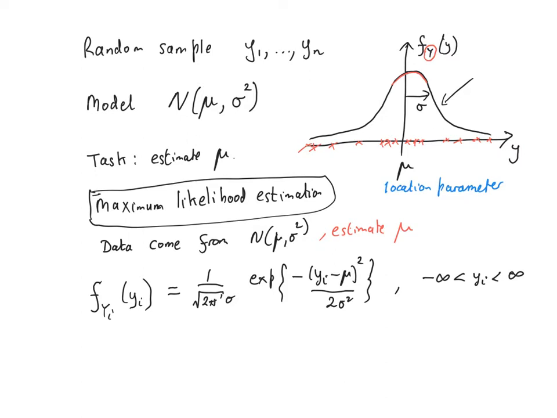What we have now to do is to write down the probability density function of the full data set. I'm going to do that on the next page. So now we're going to write down the probability density function of the full data set, which is y1 up to yn.